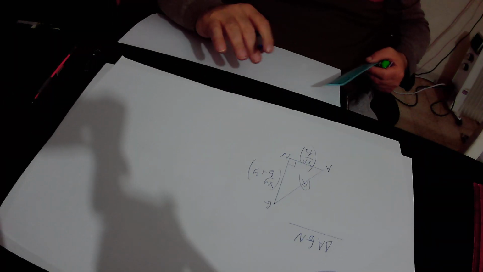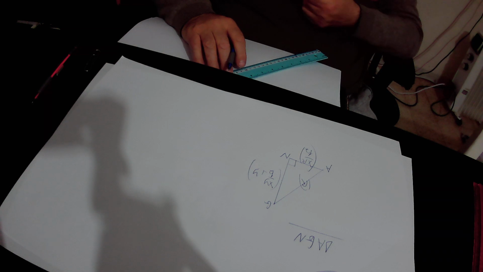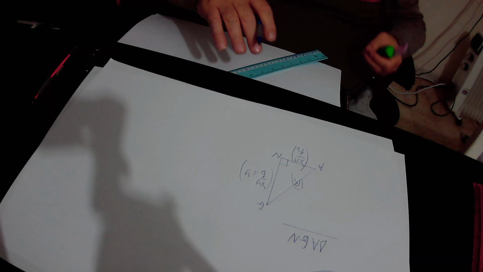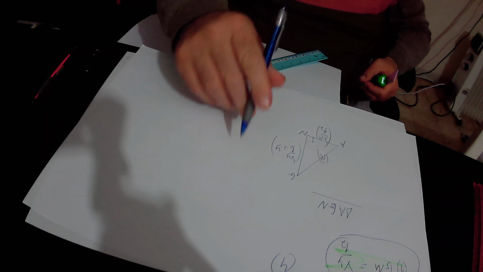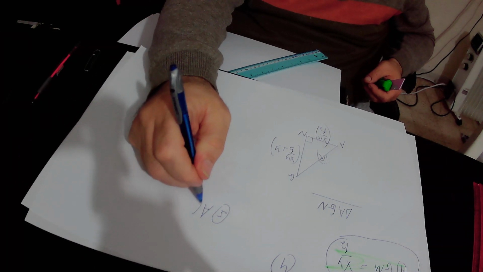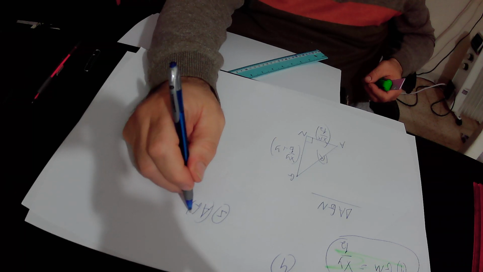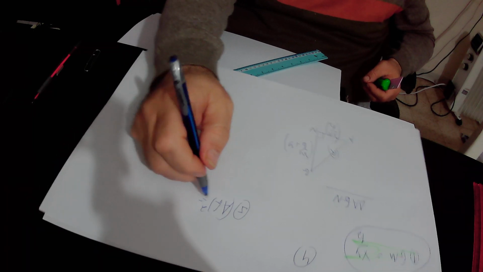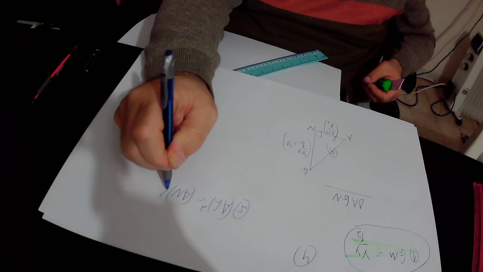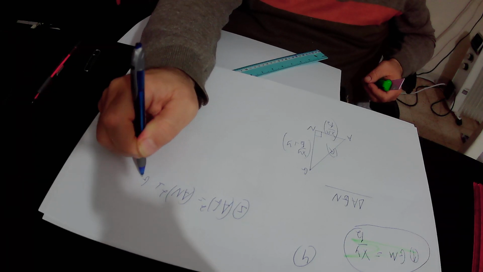So actually, this is the right triangle AGN that I copied from the original drawing. According to the Pythagoras theorem, in this right triangle AGN, AG squared equals AN squared plus GN squared.